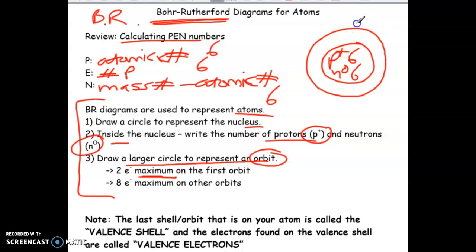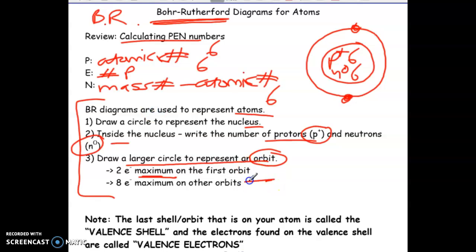Personally, I tend to do up and down. It's just a visual thing that I prefer the way this looks. Anyways, it doesn't matter. What matters is, do you have 2 electrons? Are they equal distance apart, either up and down or side to side? So the maximum that can fit on the first orbit is 2.